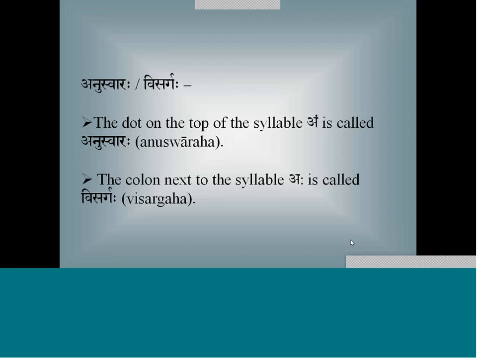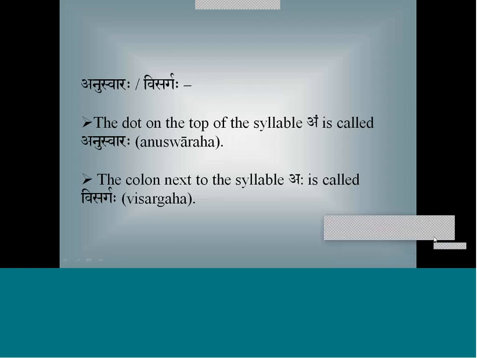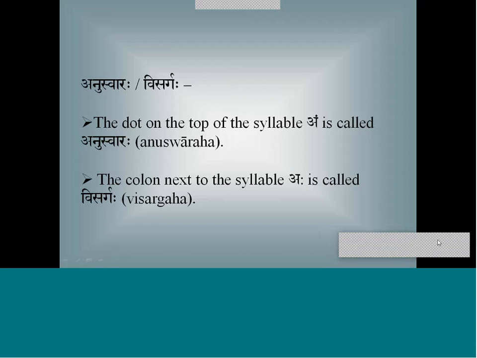So they don't have independent pronunciation. Yeah, please ask. Sanjay, I have a question. Does that also work the same way with the conjunct vowels, like ai? If there is an anuswara on ai, can we do aim? Yeah, exactly. That's what I said now. Please listen.